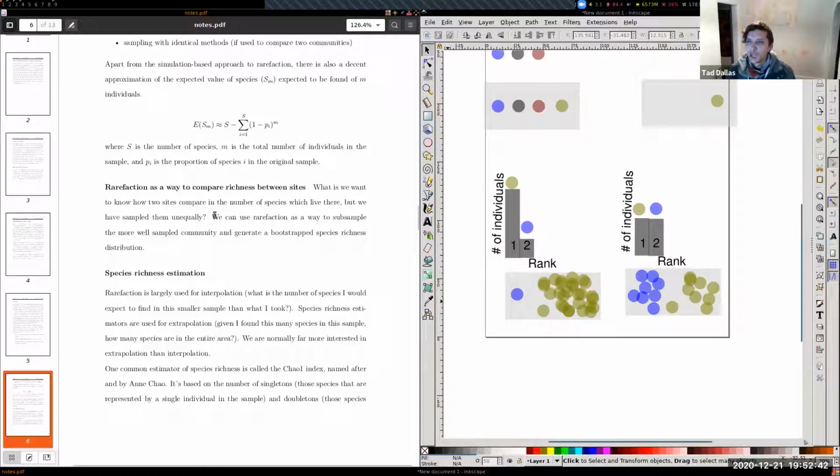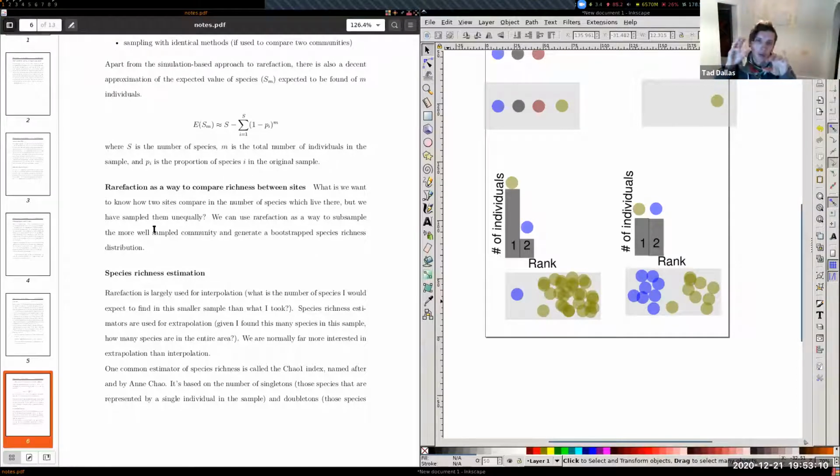And how you do that is if you have two communities that you believe are similar enough, you can subsample the more well-sampled site. So you have two communities that exist close in space. You can say, these communities are representative. This community is relatively unsampled, and this community is very well sampled.